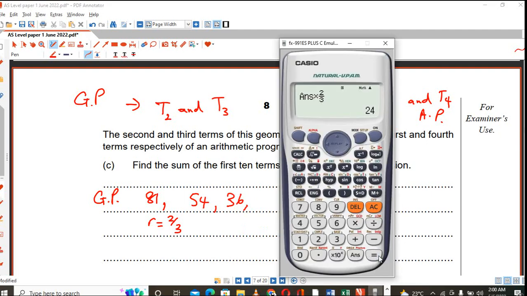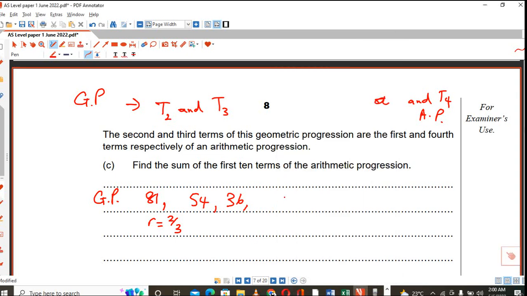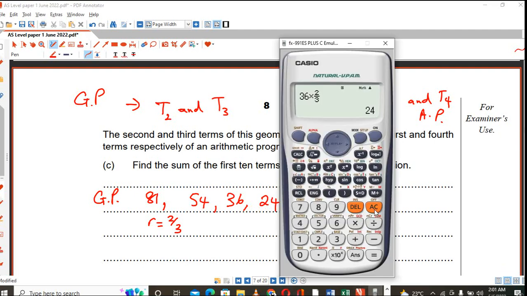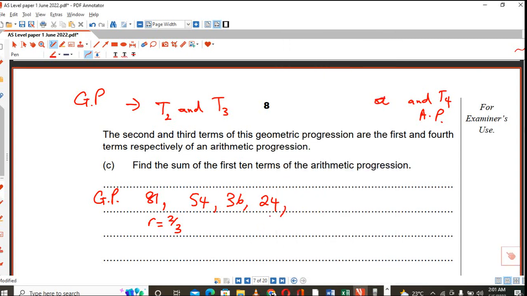Then 36 times 2 over 3 is 24. So it's 81, 54, 36, 24, and then 24 times 2 over 3 gives 16, and so it goes.